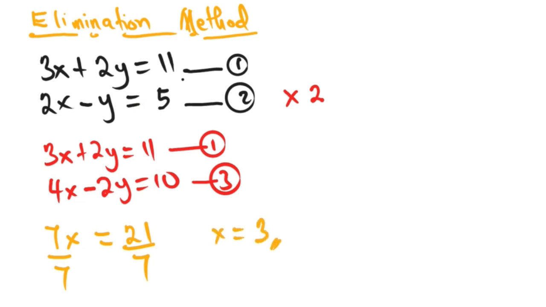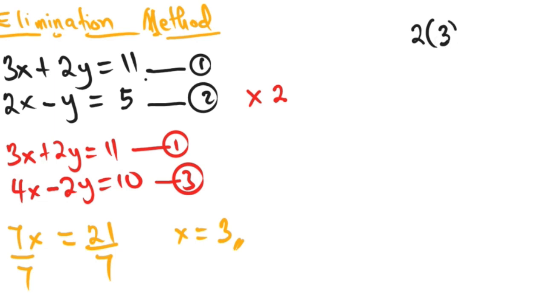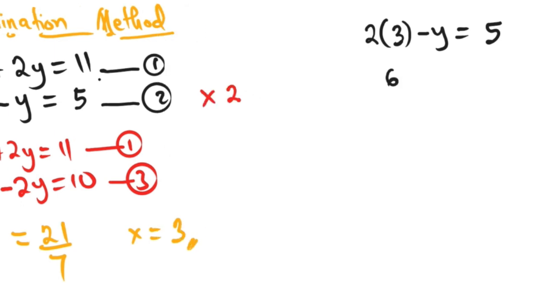So I'm able to find x. How do I find y? I can select any of the equations, whether 1, 2, or 3, and then substitute the value of x. Let's say I'm using equation 2. That will be 2 times 3, minus y equals 5. I'm looking for y, so this is 6 minus y equals 5.